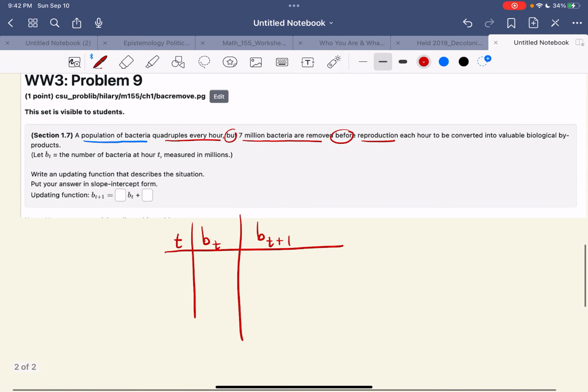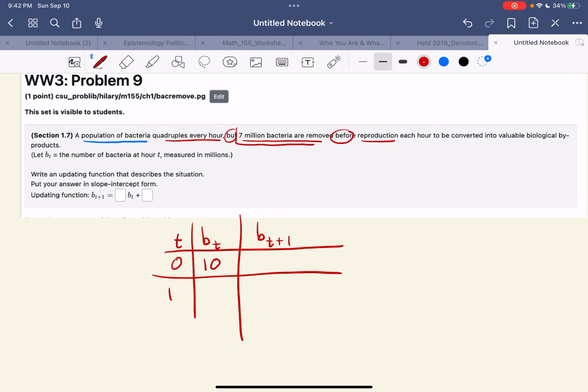They do not give us an initial value of bacteria, so let's just pretend at time 0, we had 10 million. Now, 1 hour later, what has to happen? 7 million are removed before reproduction, so that 10 becomes a 3.